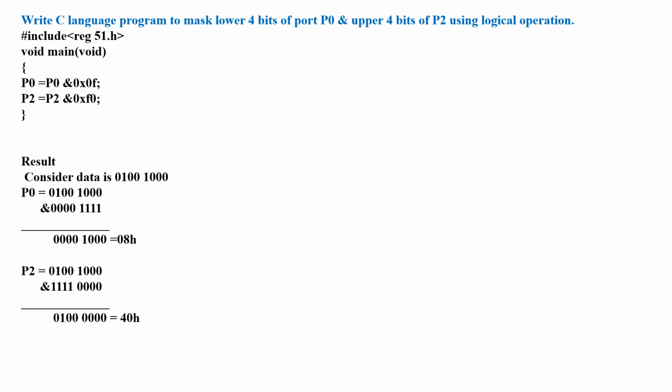Now another program: write a C language program to mask the lower 4 bits of port 0 and the upper 4 bits of port 2 using logical operations. So masking means this value is high. Now for the lower 4 bits of port 0, we are putting P0 AND operation with 0x0F for the lower 4 bits.